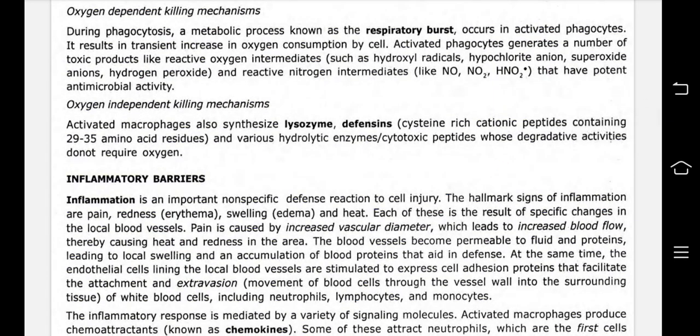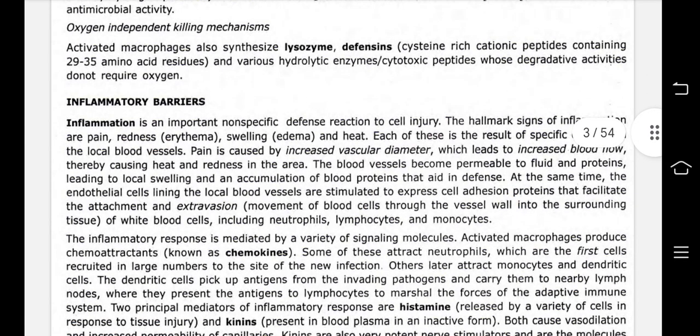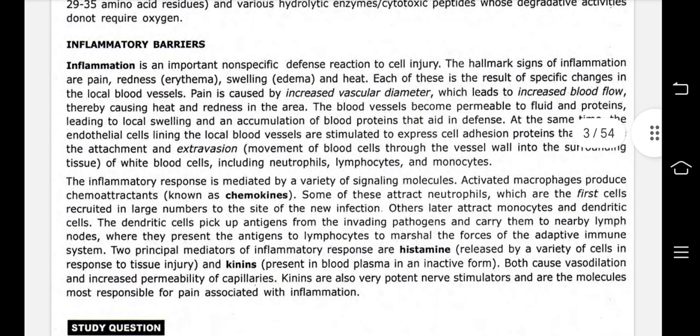Activated macrophages also synthesize lysozyme, defensins, cysteine-rich cationic peptides containing 23 to 35 amino acid residues, and various hydrolytic enzymes, cytotoxic peptides whose degradative activities do not require oxygen.